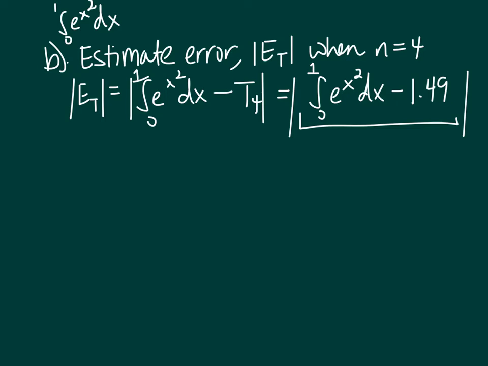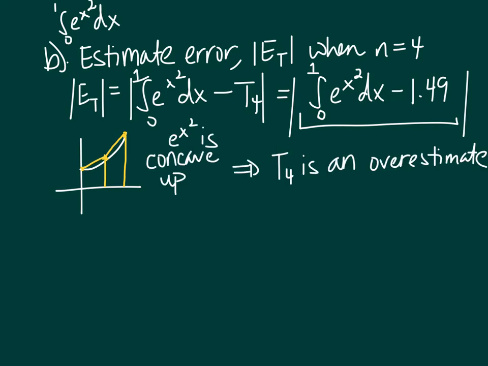And before we start with that, there's one thing that we know right away. Because this is a concave up function, e to the x squared, then we know our little trapezoids, and I'm not drawing this to scale, I'm just going to draw 2 trapezoids so you can see it a little better here. But you know that your trapezoids are going to give you an overestimate if you have a concave up function.